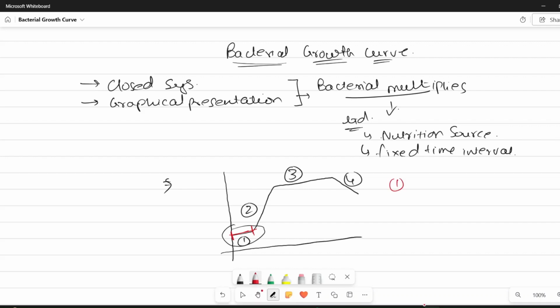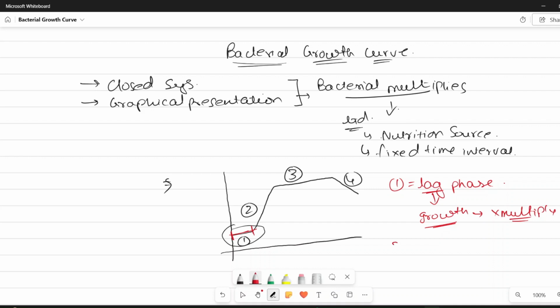So the first part is called the lag phase. We are calling it the lag phase because it lags growth. The bacteria is there, but it lacks growth, meaning it is not able to multiply. So we don't see any bacterial population increase in number.